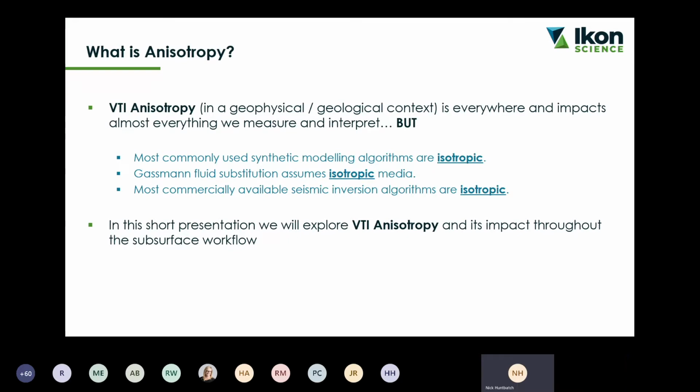So within the inversion engine, when it's comparing the properties it's coming up with to the seismic, it's inherently, in a conventional approach, assuming an isotropic reflectivity equation, which we'll get into later as to why that's the case. So from now on we're going to focus on VTI, because it really is the one we should initially think about most, and we'll be thinking about the impact of VTI anisotropy.